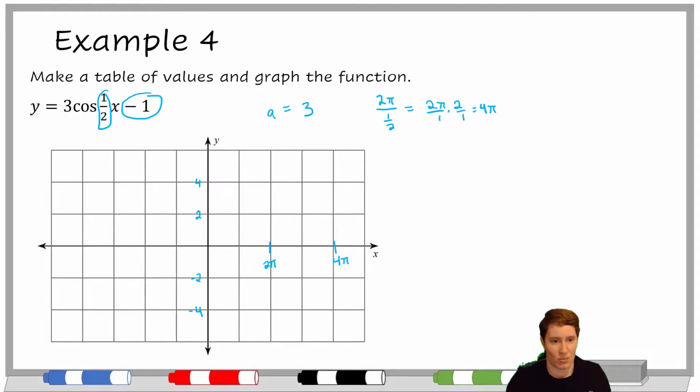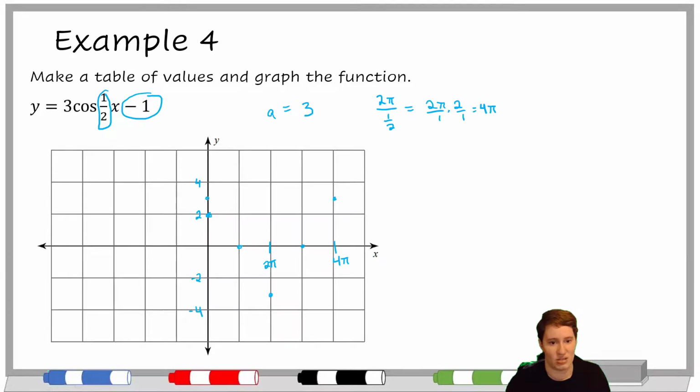So what's happening for cosine is we start off at the top amplitude. So we start off normally at 3, but I want to shift this down 1. So our first point is actually going to be here at 2. And we're basically going to keep this going. If I draw what cosine would look like without the -1, it'd start at 3, it'd come down here to 0, then it'd come down here to -3, then it'd come back up to 0, then it comes back up to +3.